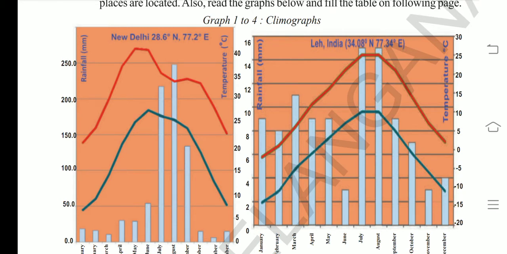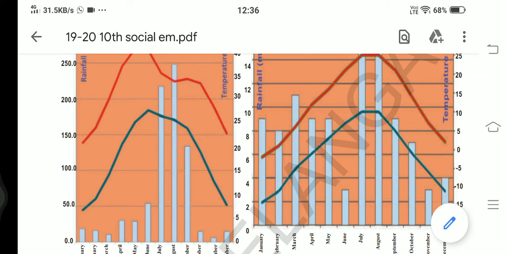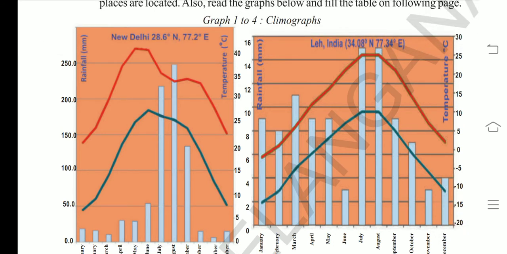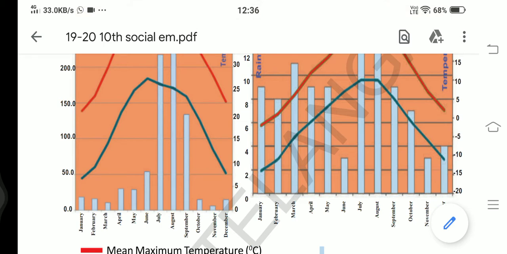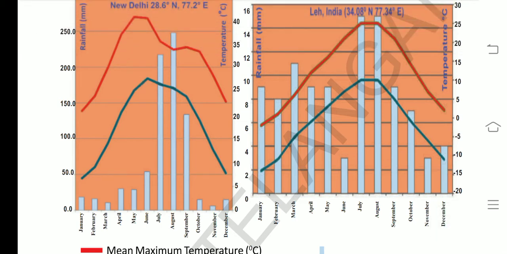The mean maximum temperature of Delhi is 23 degrees centigrade, reaching a maximum of 45. So there is a difference of near about 20 degrees centigrade in the mean maximum temperature. Similarly, in the mean minimum temperature it is 5 degrees centigrade and reaches 25. Almost 20 degrees centigrade difference, right?